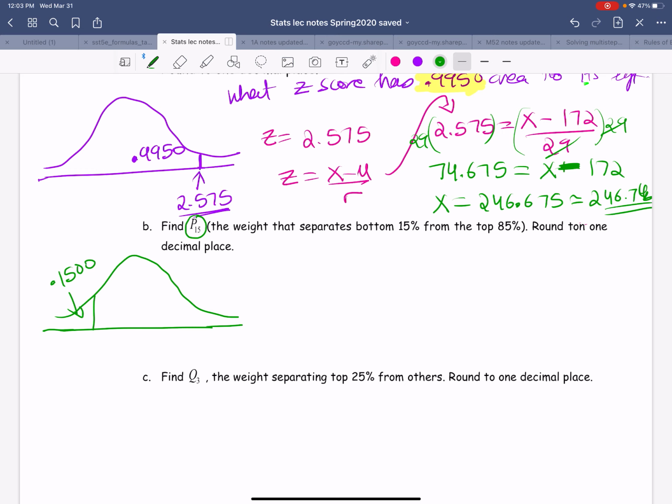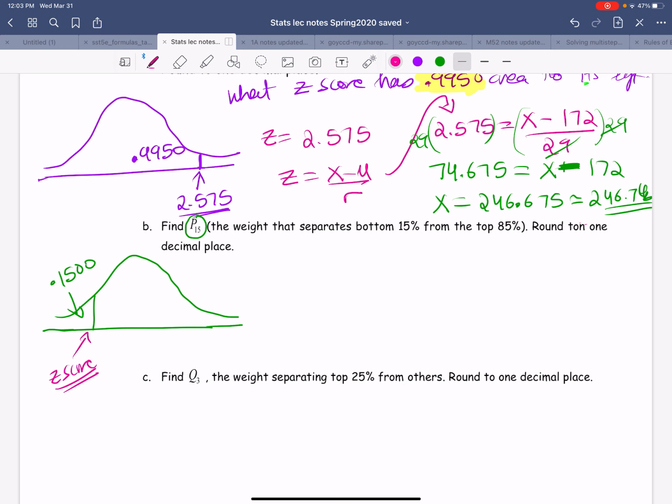So to find the weight, first we need to find the z-score, then use the z-score formula to find the data value. So my goal is to look for the z-score that has 15% area to its left. Again, my table does give me area to the left, so that part is nice and easy.